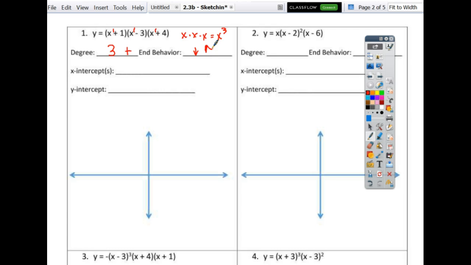So next I want the x-intercepts, or the zeros. And it's already given to us, so we have -1, 3, and -4. And then we can find the y-intercept. And we find the y-intercept, you fill in the zeros, so I get 1 times -3 times 4.